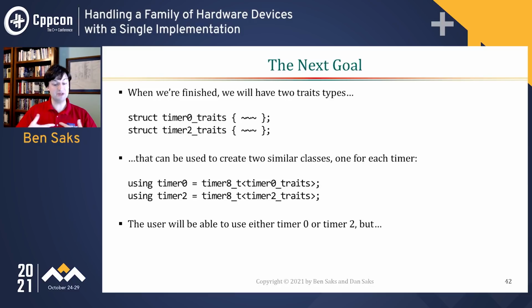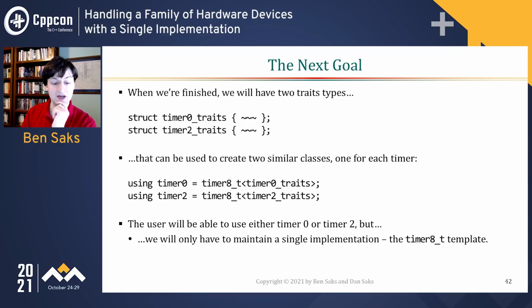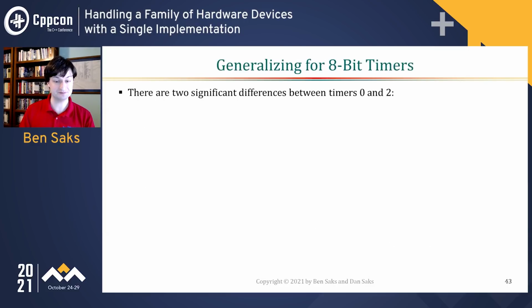And then the user will be able to just go ahead and use either timer 0 or timer 2. But our job will be just to maintain this one class template, the timer 8t template, rather than maintaining two separate classes, even though their implementations are slightly different.